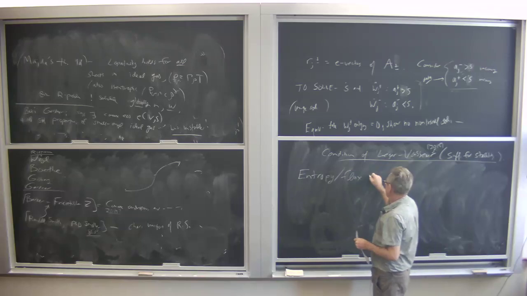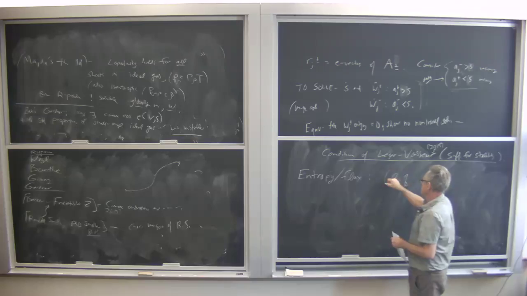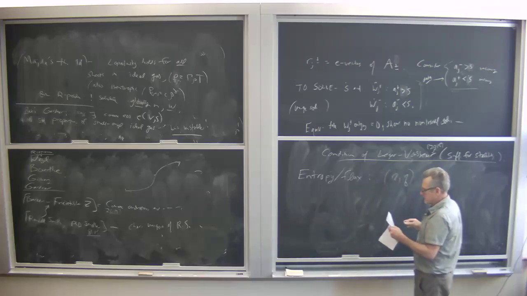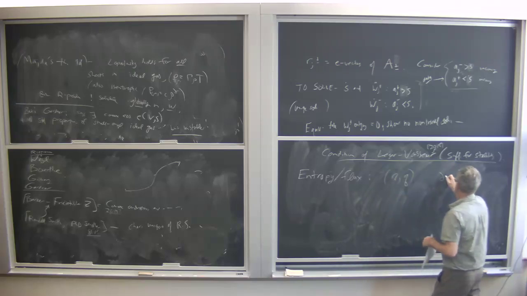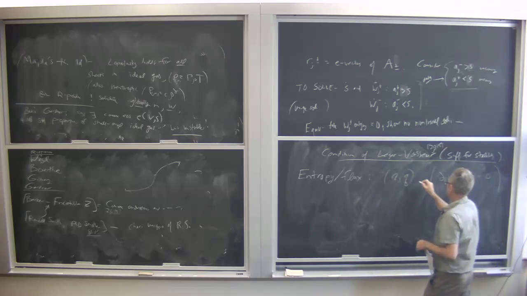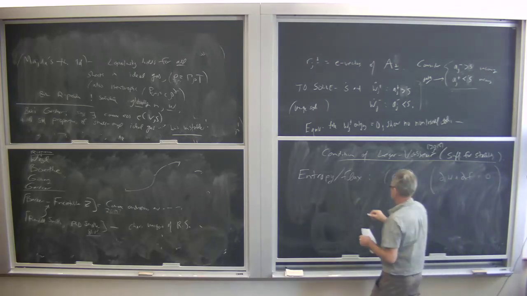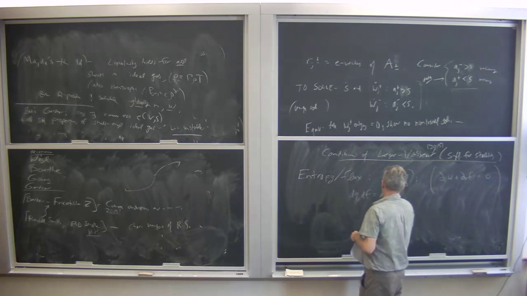Okay, so entropy flux pair. That's just to remind you. We talked about this the first day of the course, I think. That's an eta and q, and of course here's our equation. So it's eta and q such that d eta df equals dq.